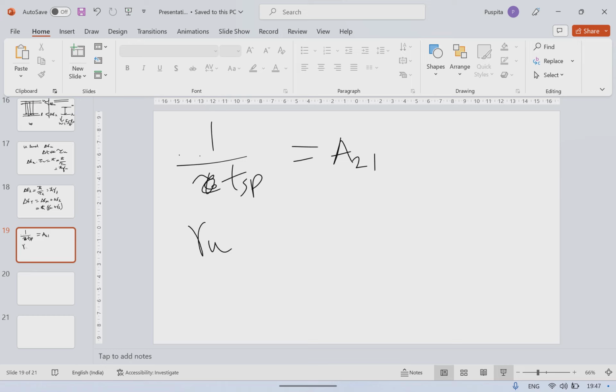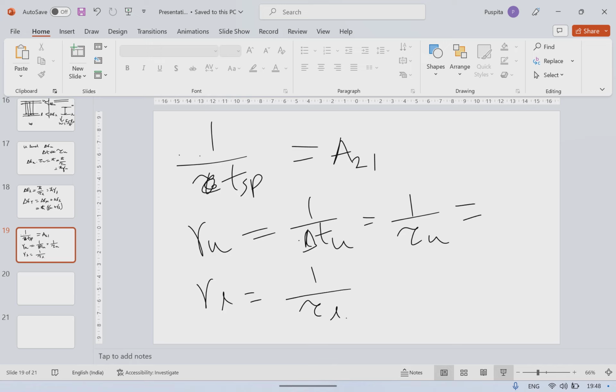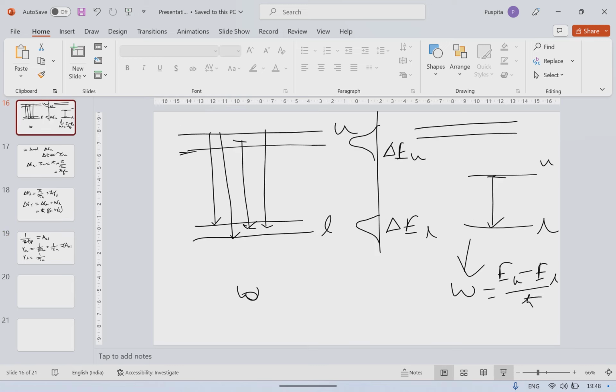So here gamma U is also 1 by some time, delta TU, or we can say 1 by tau U, and gamma L is equal to 1 by tau L. So we can write this as a sum of A UI, from the uth level to the ith level, and here we use a summation because it is not a discrete energy level, it's a bandwidth.